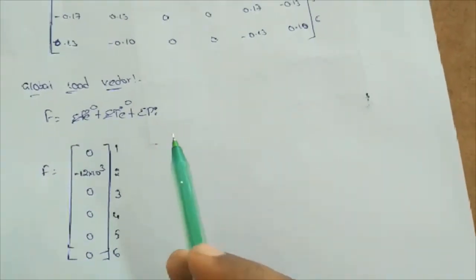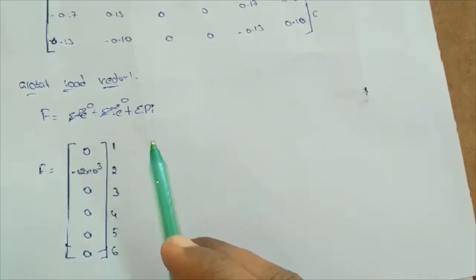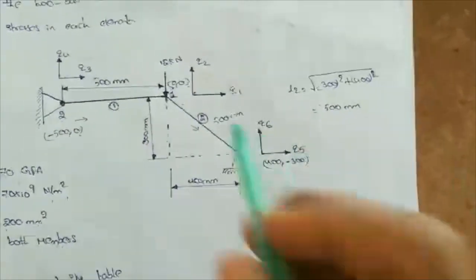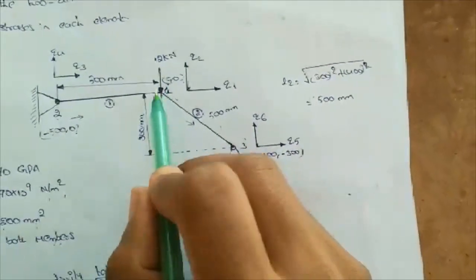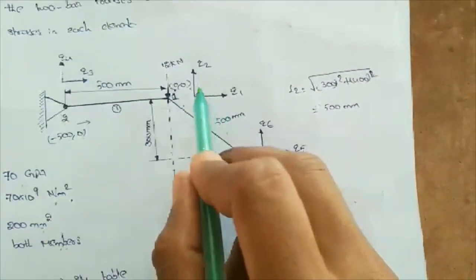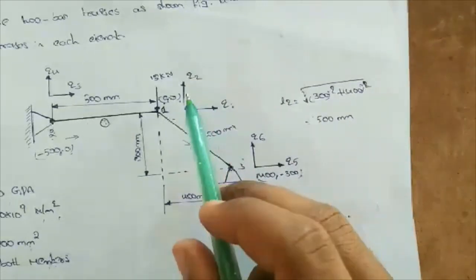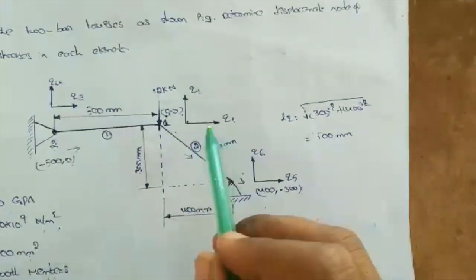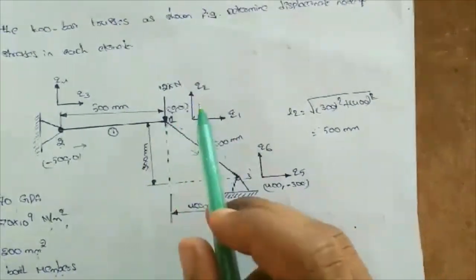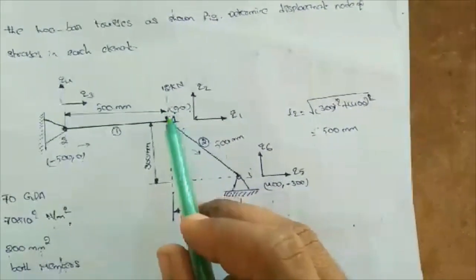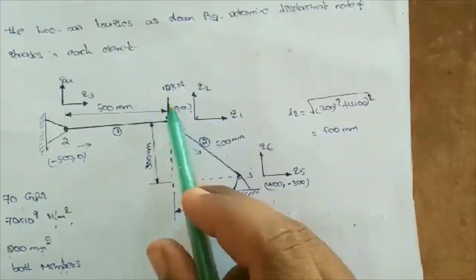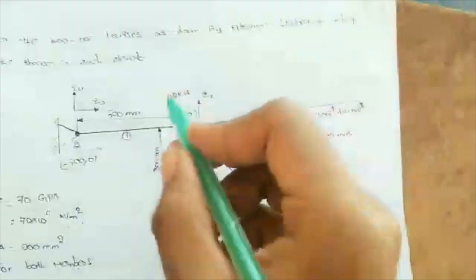Here at node 1 there are 2 displacements, q1 and q2. Along the q1 direction there is no load, along the q2 direction there is a point load of 12 kilonewton, but it is in the downward direction, so you have to take this as a negative value.